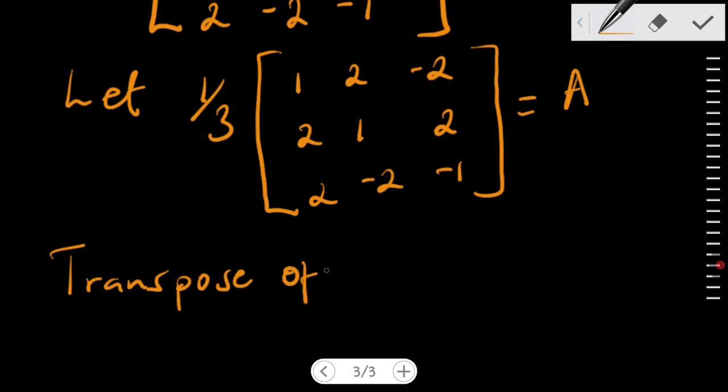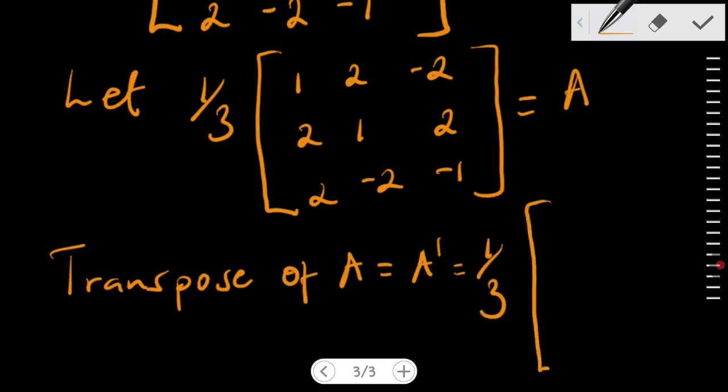The transpose of A will be equal to something like this. Let me not forget, we have 1 out of 3, the scalar still comes back.